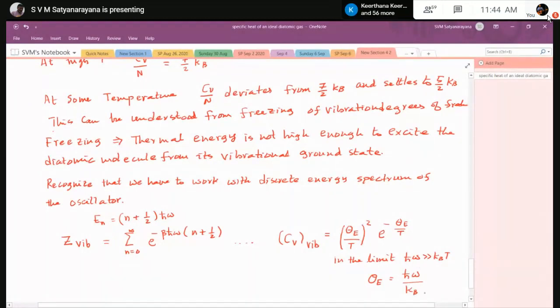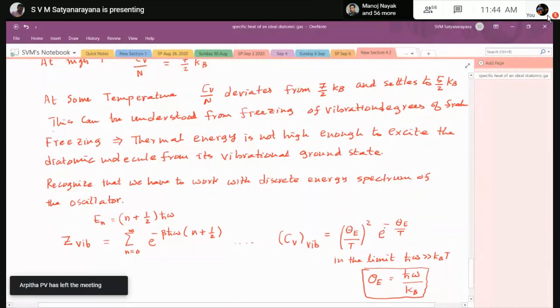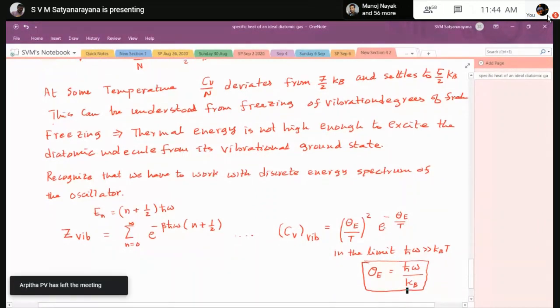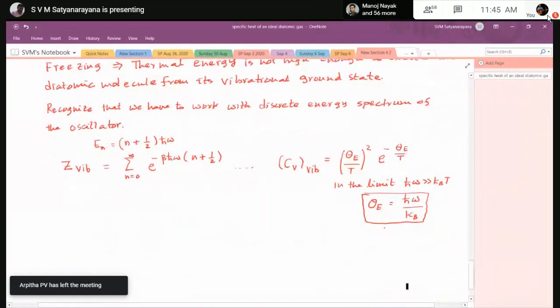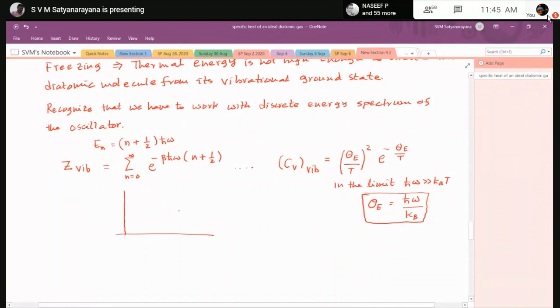Now, what happens? If you look at this particular transition, let me just draw this.